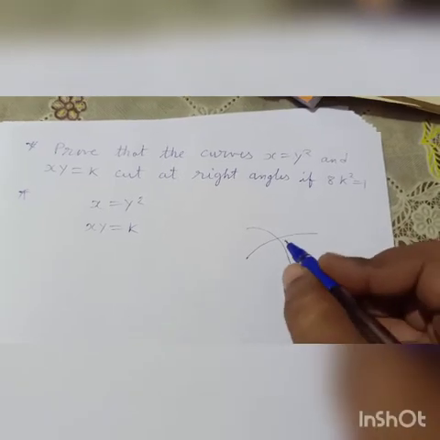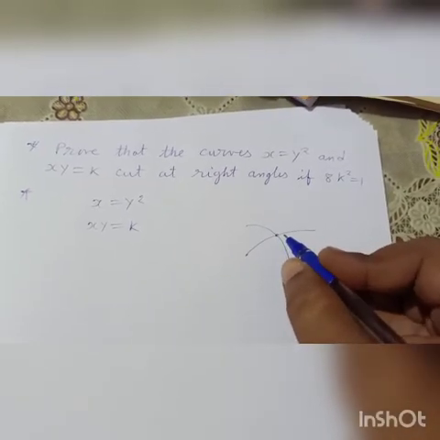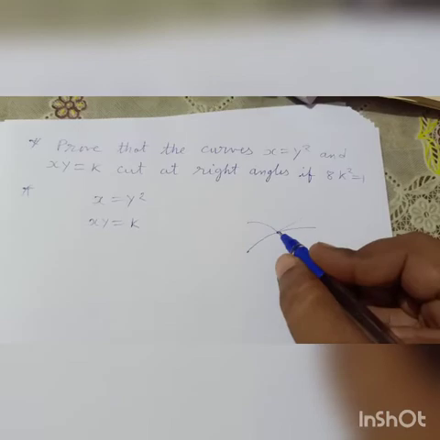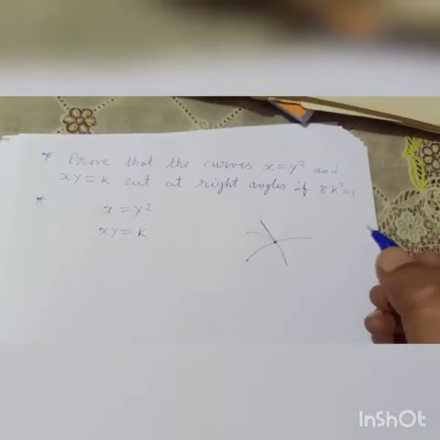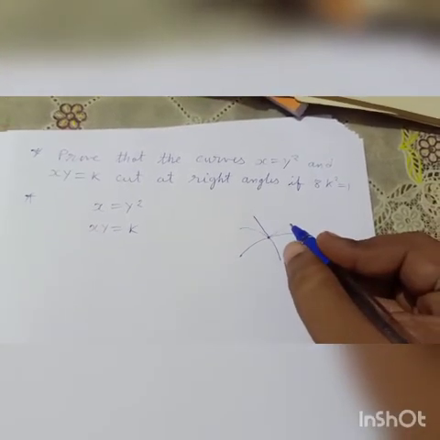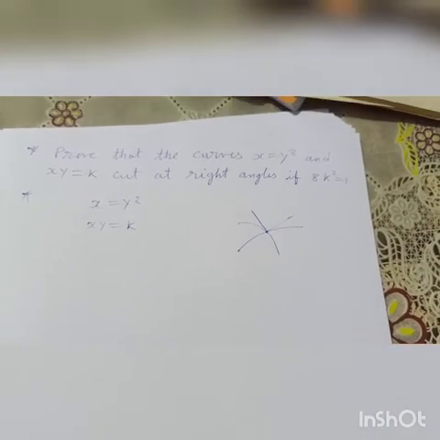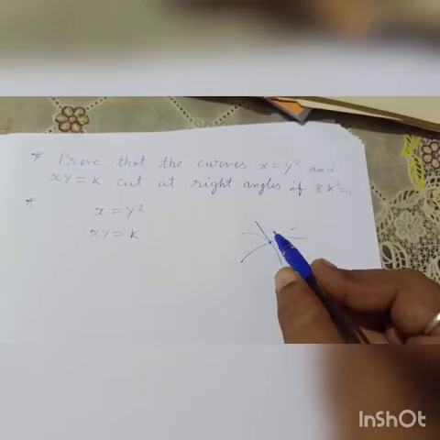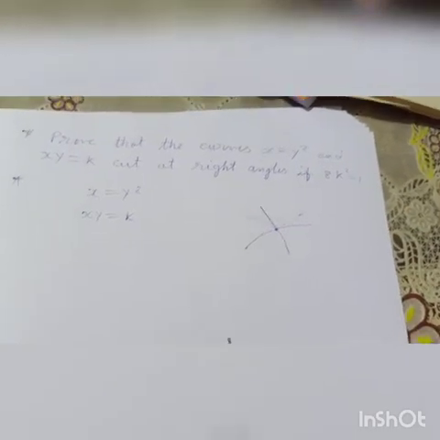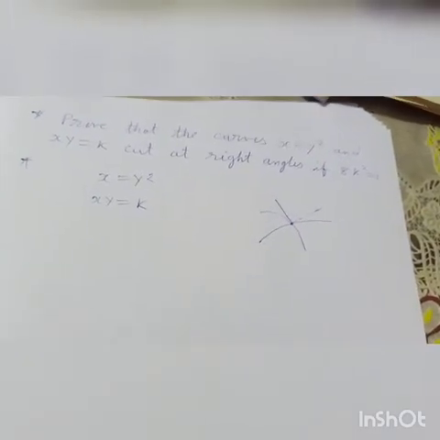This means at the point of intersection, the angle between tangents to these curves will be a right angle. So the angle between curves is nothing but the angle between tangents at the point of contact. It is given that it is a right angle, and we will prove that 8k square equals 1.